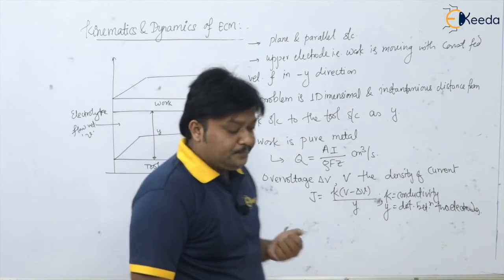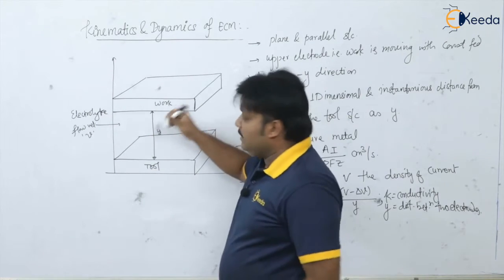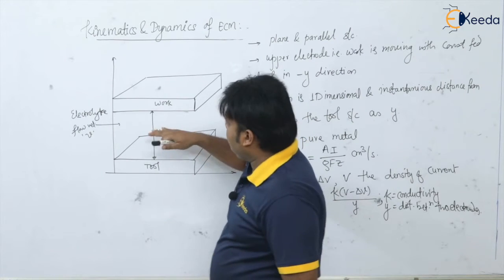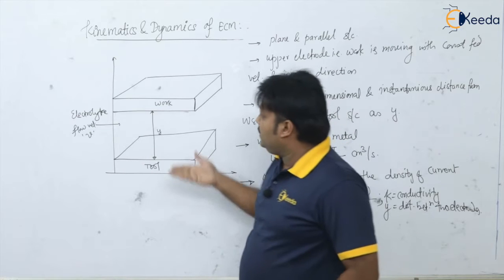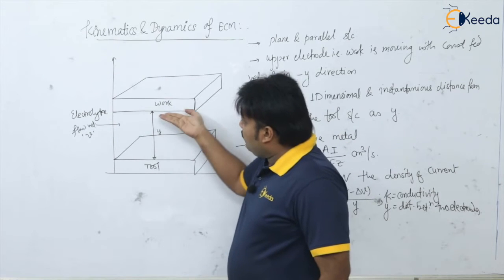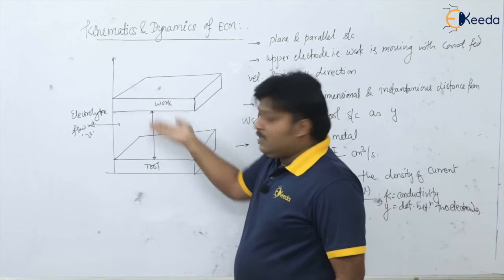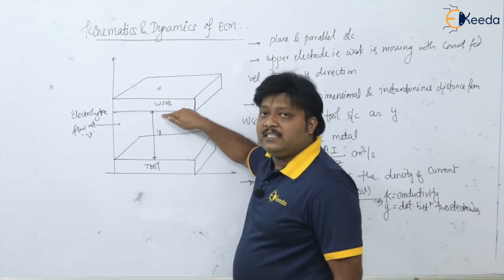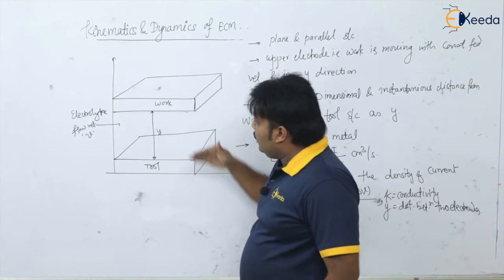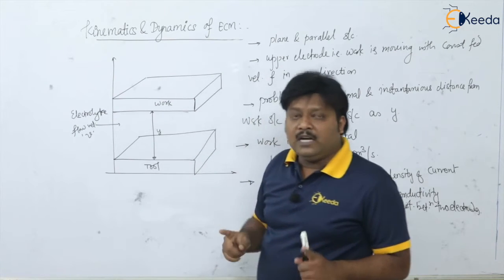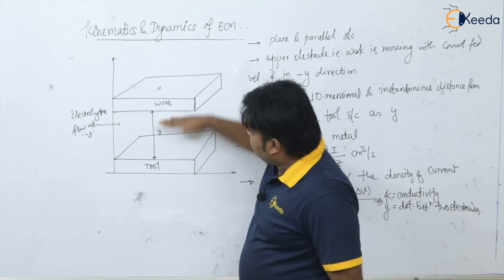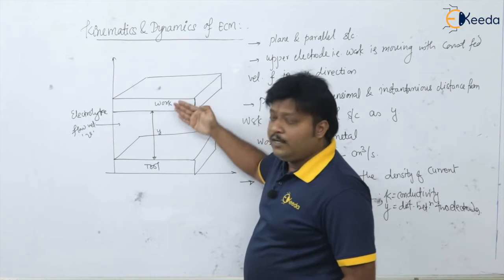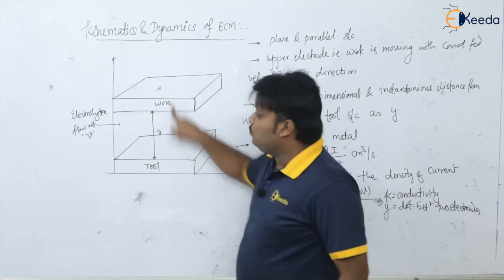Now see here. When the material removal takes place on the work surface, what is going to happen? The work is going to recede from the original surface, isn't it? So when material removal starts, this work surface is going away from the tool surface.